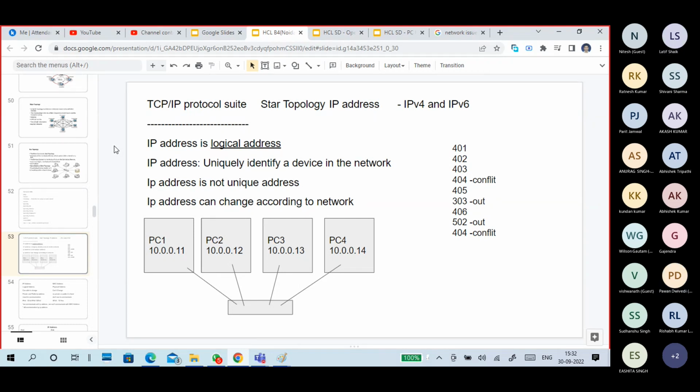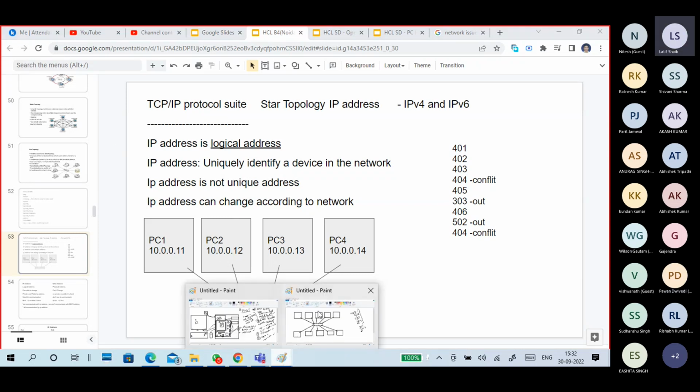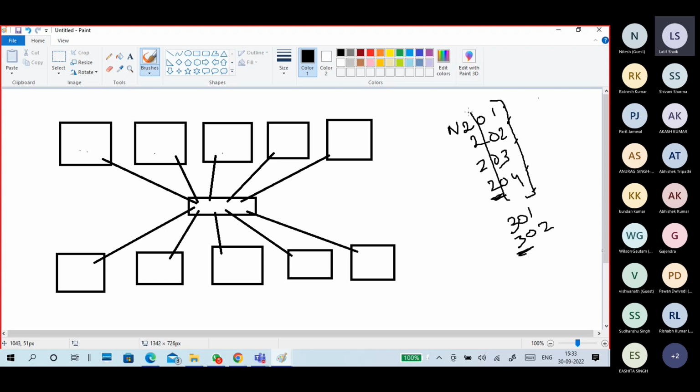No, no, no. Okay. In the same network, the main point is the network part is the same, like a certain part depends upon classes, which we will see, but the network part is the same and the host part is different. Otherwise, what happened? I will tell my story. My roll number is 402 in my college.